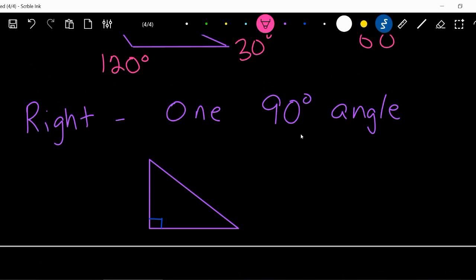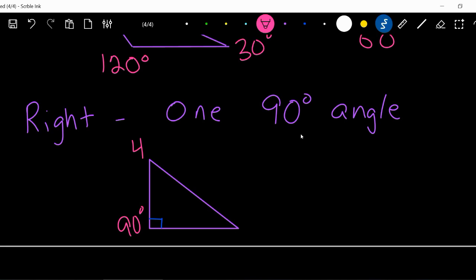The next type is a right triangle, and one of the angles, this one right here, in this case, is 90 degrees. And this one might be 30, and this one might be 60. Or it could be anything, but they have to equal 180.